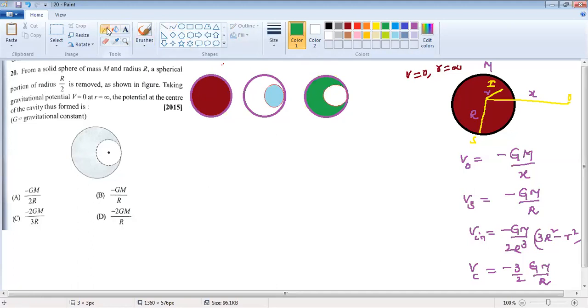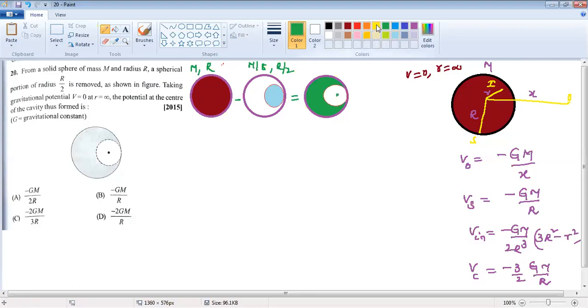This is the question. This mass is m and radius is r, as we discussed earlier, because the radius is r by 2, the removed part mass is m by 8 and radius r by 2. This is the remaining part. So this minus this, we will get this. We want to find the potential at the center of this cavity.